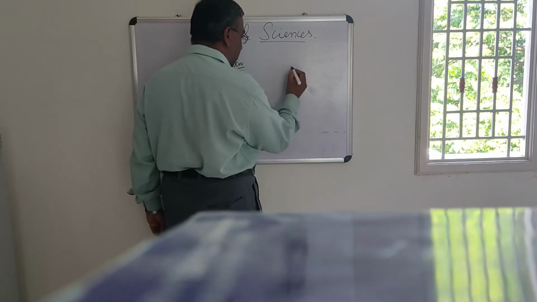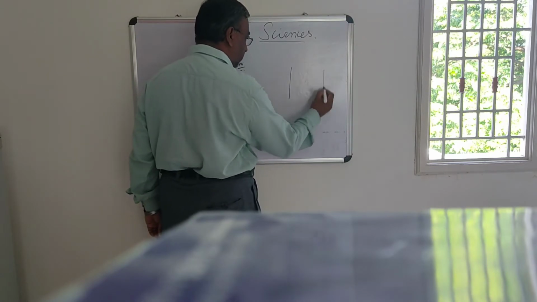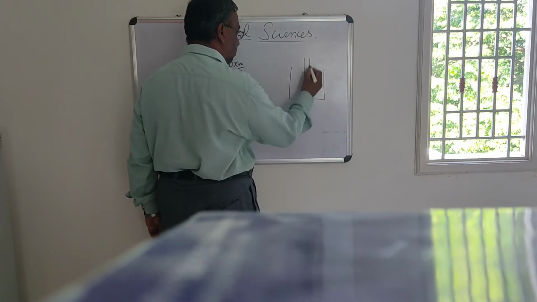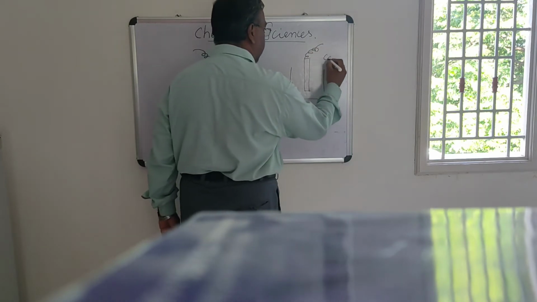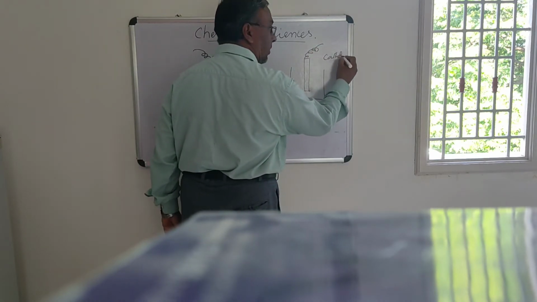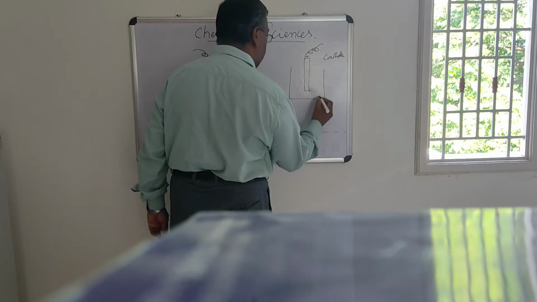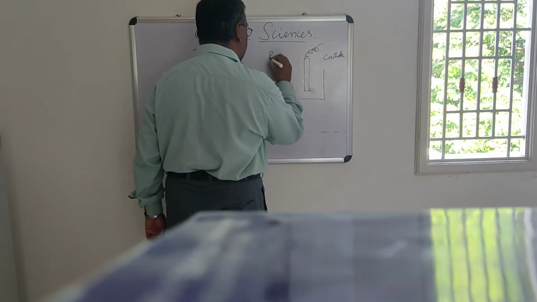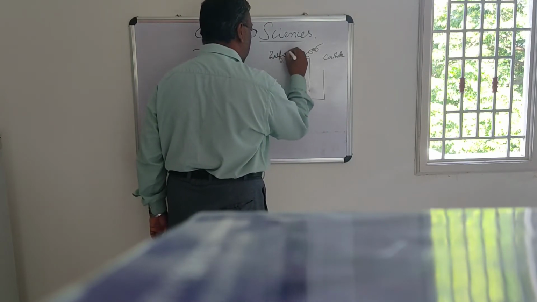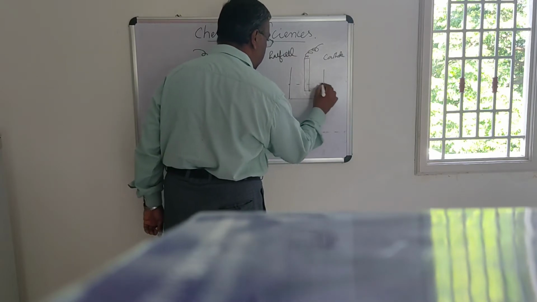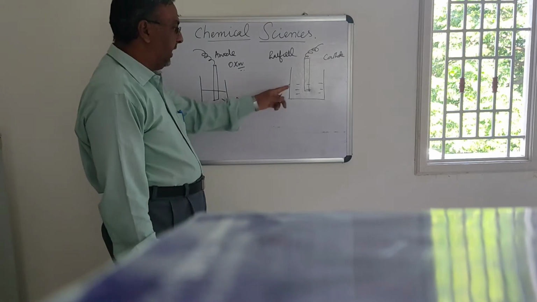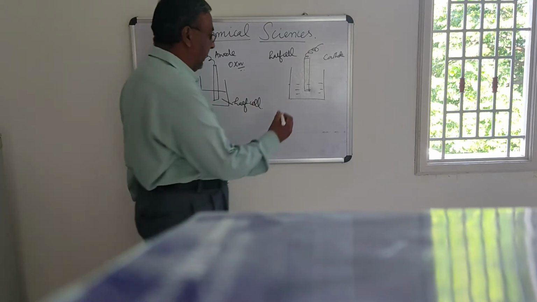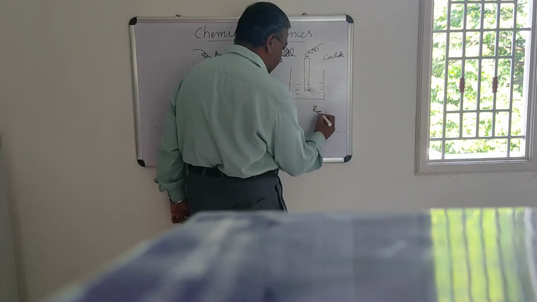And in the right hand side half cell, that is called the cathode. This is another half cell. Electrode dipped in a corresponding electrolytic solution. Here, reduction occurs.